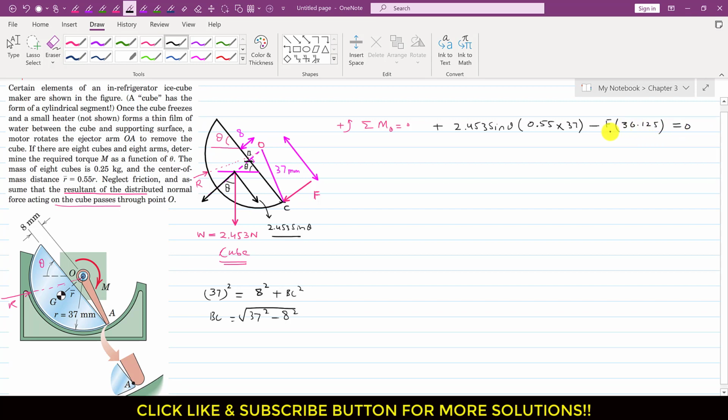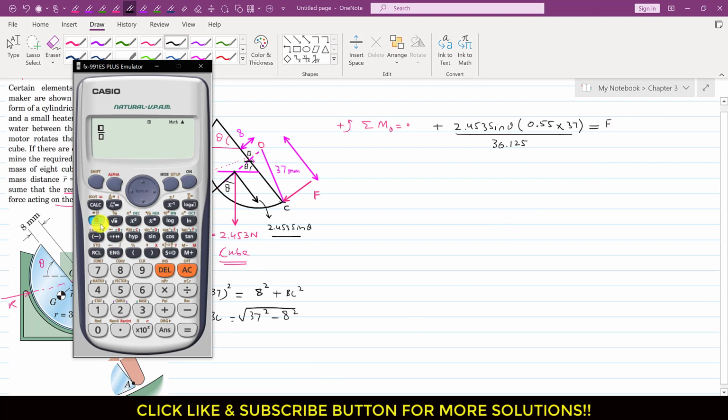If we bring this to the other side of the equation, it will become positive, right? From this we can find F in terms of that angle theta, which is not known. So we need to divide this whole equation by 36.125, and we will be left with this force F. This will be 2.45 into 0.55 into 37 divided by 36.125.